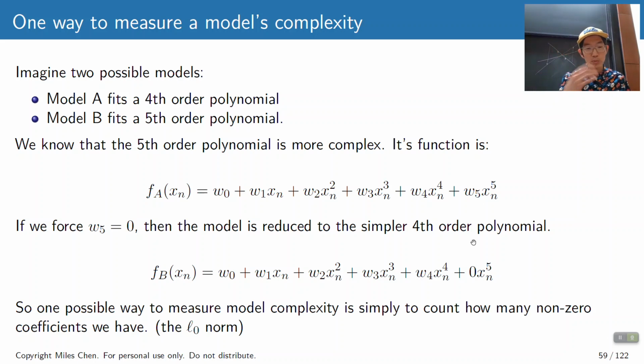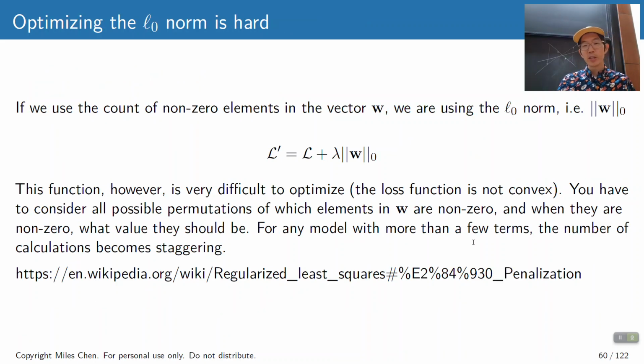So we can say one way to measure model complexity is to count how many non-zero coefficients we have, okay? The count of how many values are non-zero is technically known as the L0 norm of a vector. If we gathered all of the coefficients together in some vector W, we could ask, what is the L0 norm of the vector, which is just a count of how many values in that vector are non-zero, okay?